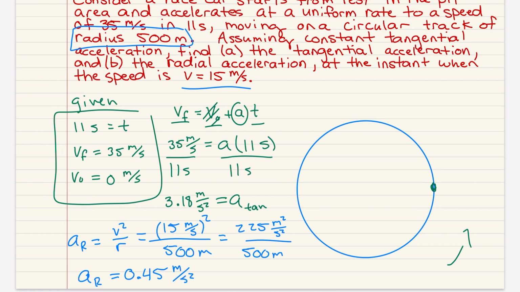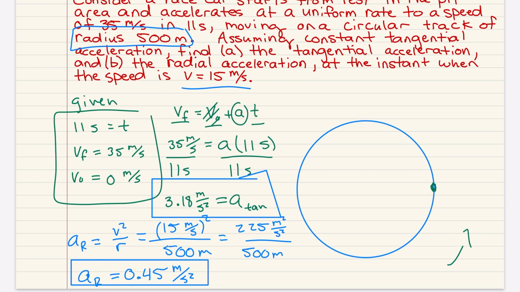And of course, if I were to take this information, these 2 components of acceleration, which I'll box really quickly, and if I was to draw a free body diagram somewhere here, and I was assuming that the motion of the car was in the counterclockwise direction, then I would have a rather long acceleration vector here, which should be tangent to the circle.